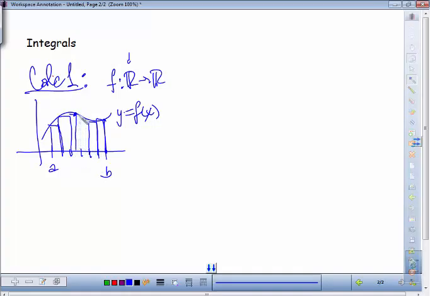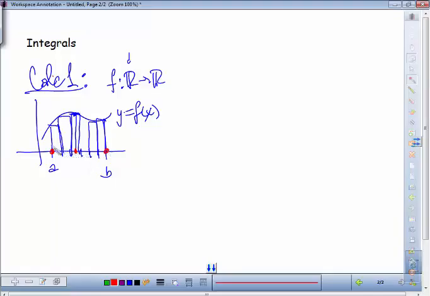For each of these subintervals, what you're doing is you're picking a value, whether it be the left endpoint of the interval, the right endpoint of the interval, or the middle of the interval. Sometimes we can even find the minimum or the maximum value within the interval.